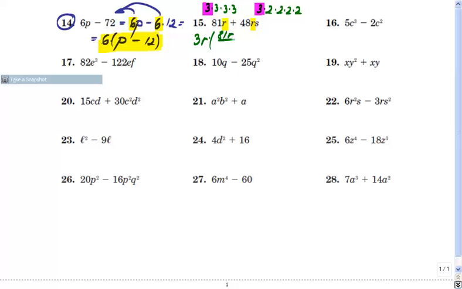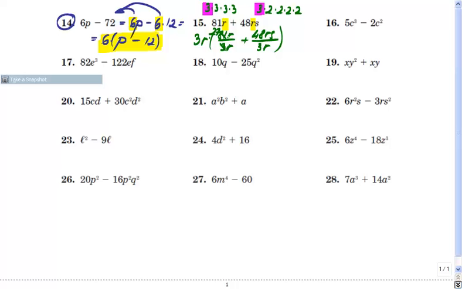You will have 81r divided by 3r plus 48rs divided by 3r. And if you notice here, nothing changes, except I want to take that common factor outside. So simplify. 3 goes in 81 27 times, right? So it'll be 27r. Hold on, don't forget about 3r outside.